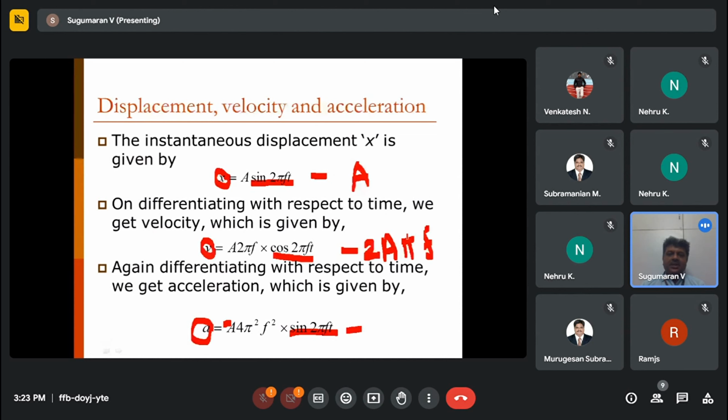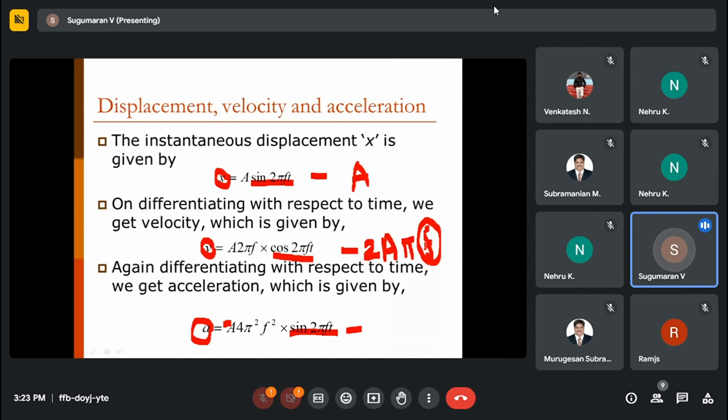Here it is 2 times amplitude times pi f. Pi value is 3.14, into 2, about 6.28, so 6.28 times amplitude will be more. That's a constant term, and you look at the frequency. If you vary the frequency, it will vary linearly with respect to frequency. That you have to note. This is a very important aspect.